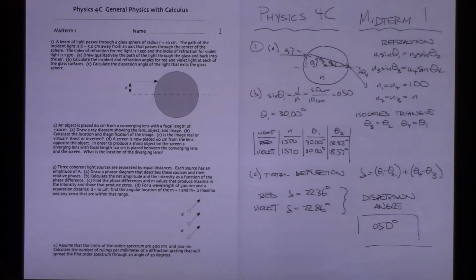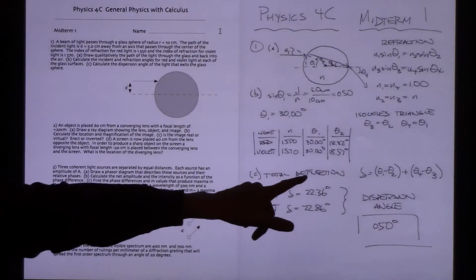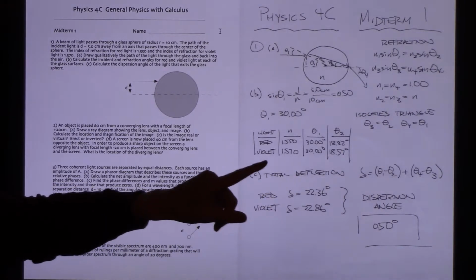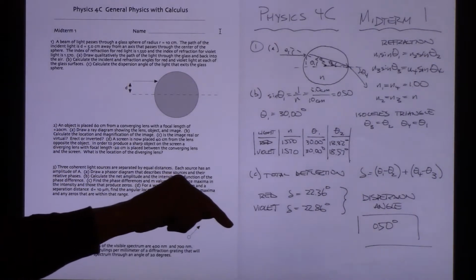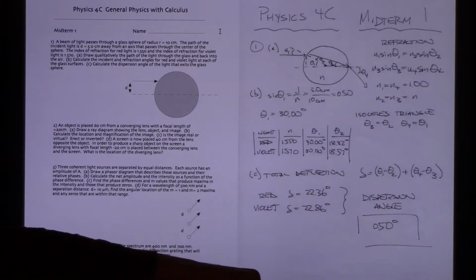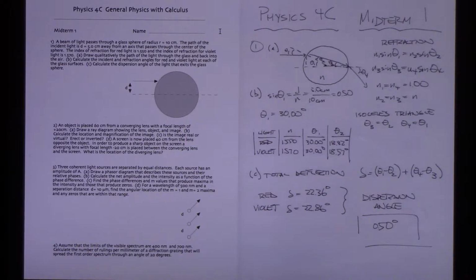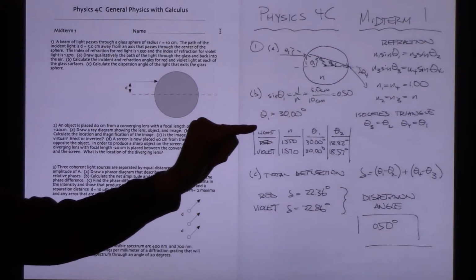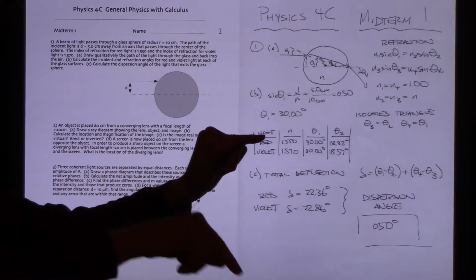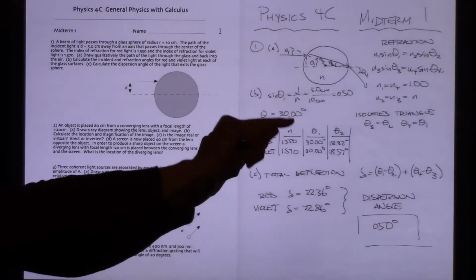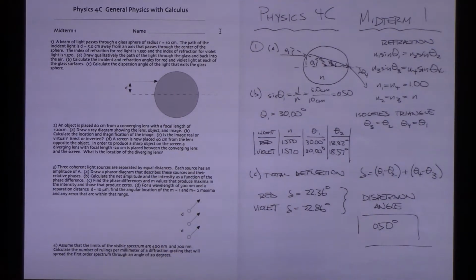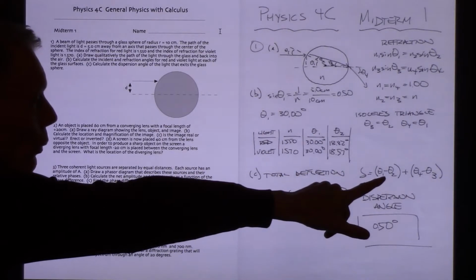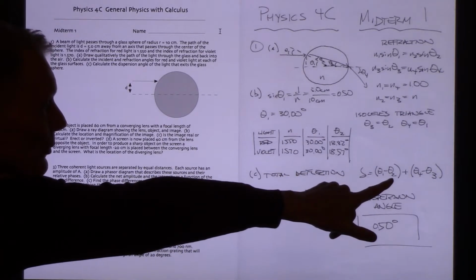Now there's an alternate way to do this, and that would be to calculate deflection. What we can do is say when the light came in, it's deflected once, and then it's deflected again. If I compare the light coming into the sphere with the light leaving the sphere, the angle between those is the sum of the two deflections. Now, the first deflection was theta 1 minus theta 2.